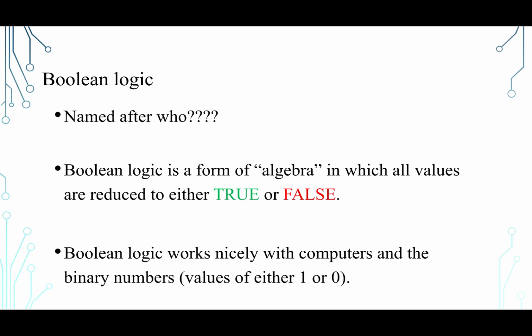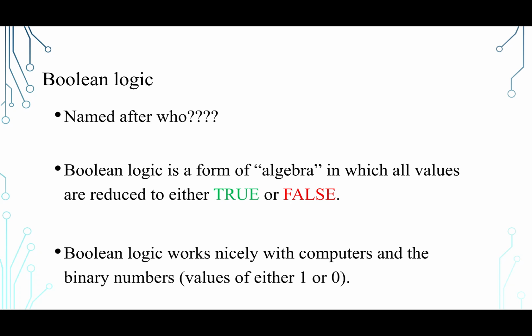So, the Boolean logic is named after who? We had this before, and it's named after George Boole, who was a mathematician. Boolean logic is a form of algebra in which all values are reduced to either true or false.